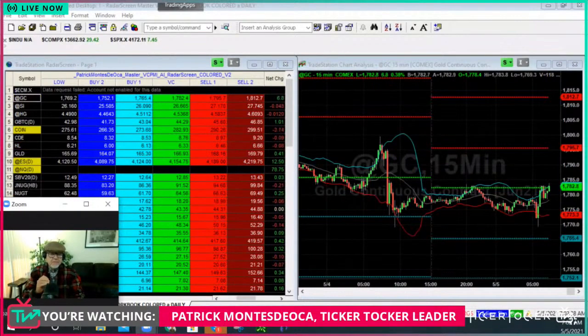The AI, the artificial intelligence of the VCPMI, which is written in C++ in easy language in TradeStation, when the market gets to this level here, it's neutral. The average price is a 50-50 standard deviation, and so it could go either way.